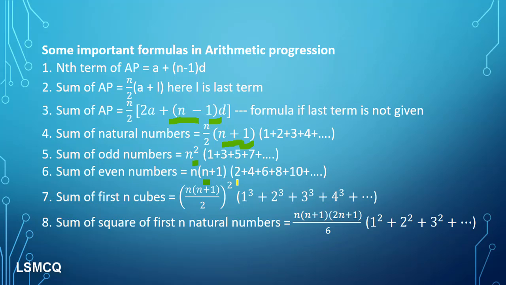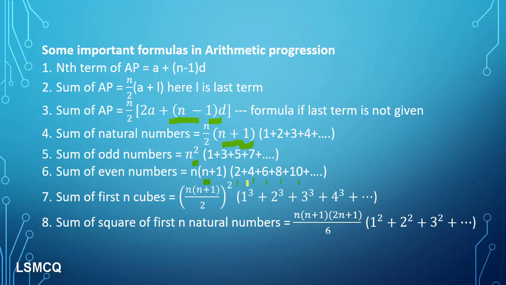So the first n even natural numbers start from 2, then 4, 6, 8 and 10, and then 12 and 14, and then 16. Even numbers are those numbers which are divisible by 2, and odds are numbers which are not divisible by 2. The sum of even numbers is n into n plus 1. Again, n is the number of terms.